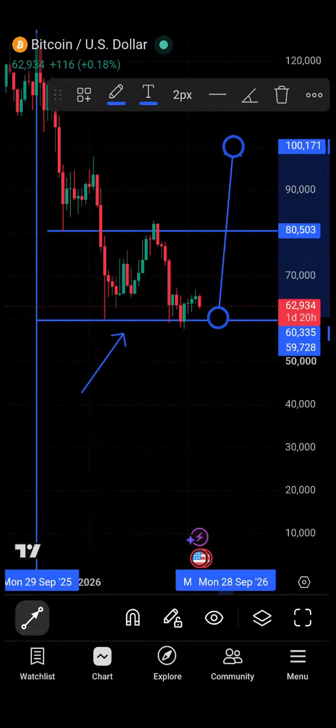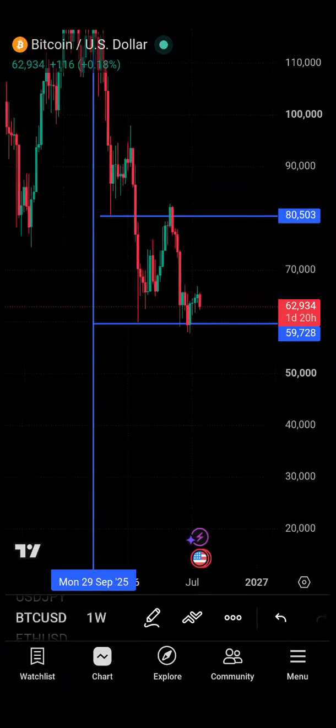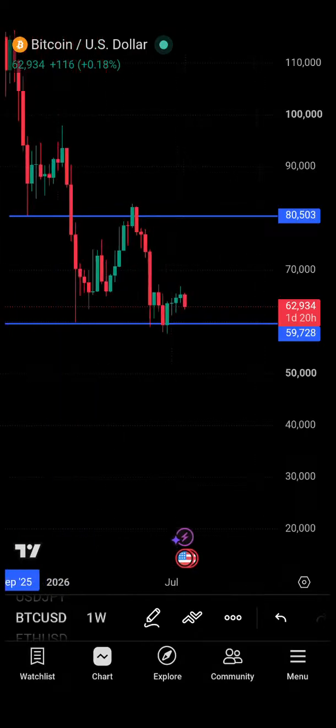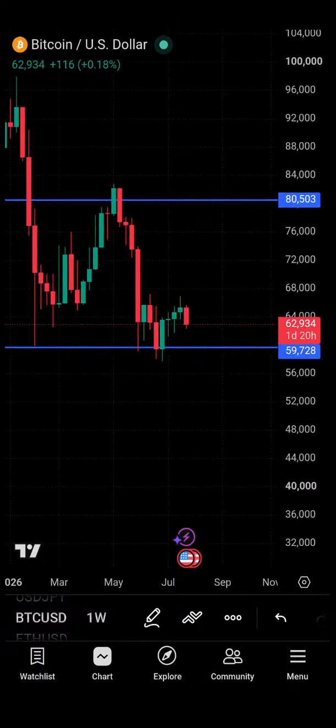All right, so we need to move to the daily time frame. Remember, this is a top-down analysis, right? We are breaking down Bitcoin bit by bit to see its direction.